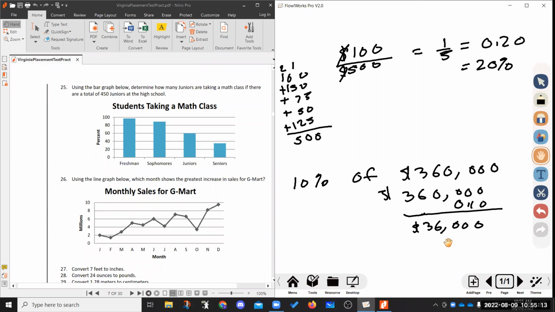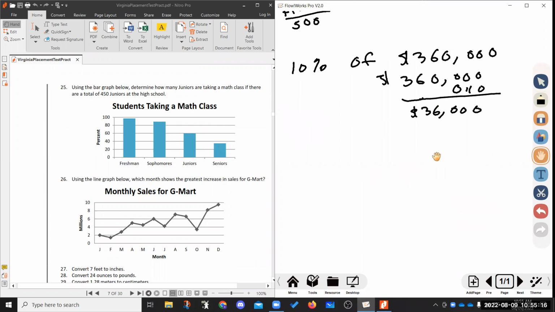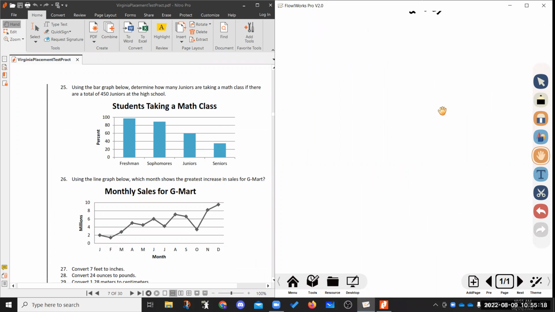Number 26 asks us to use the bar graph below to determine how many juniors are taking the math class if there are 450 juniors at the school. So we need 60% of 450 juniors.